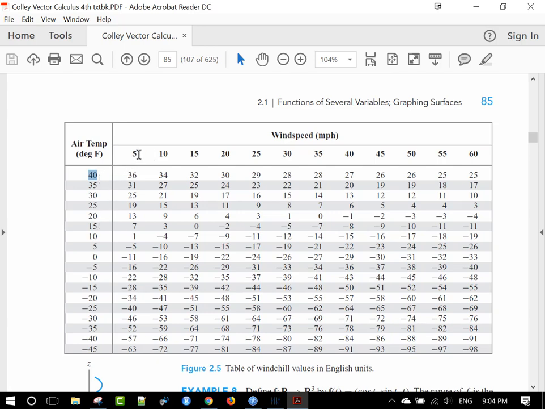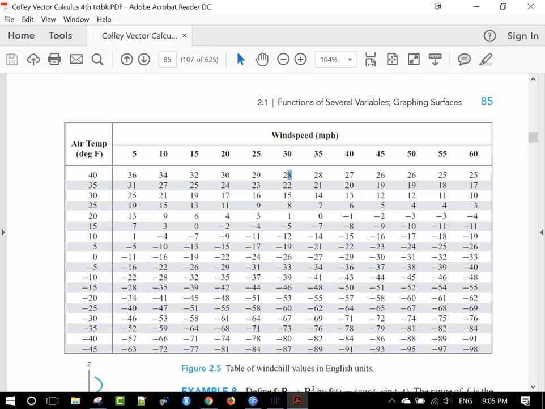So if it's 5 miles per hour wind, it'll feel like 36. If it's 30 miles per hour wind, it'll feel like 28. So this is not given by a formula, just this table describes the function.